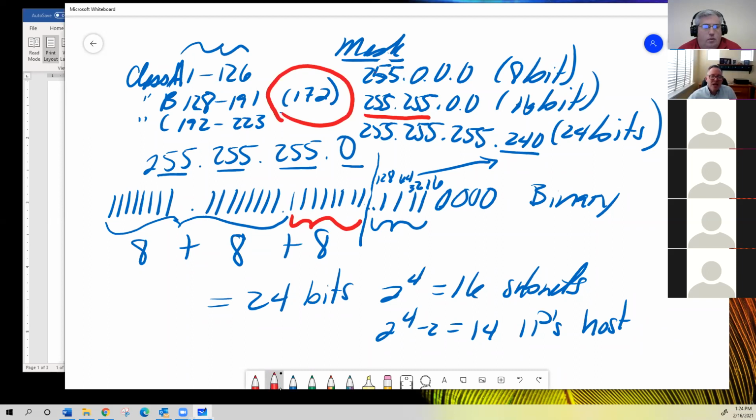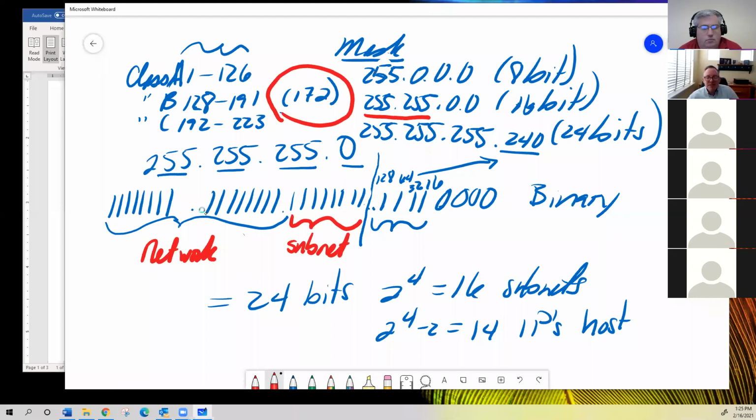We can change those because by default, this starts out 172, so that's a class B. So just the first 16 bits are the network. They call that the network portion of the subnet mask. Even though it's a subnet mask, remember there's a network portion. Then there's the actual subnet that you can modify. You can't modify the network portion because that's locked in, but you can modify the subnet.